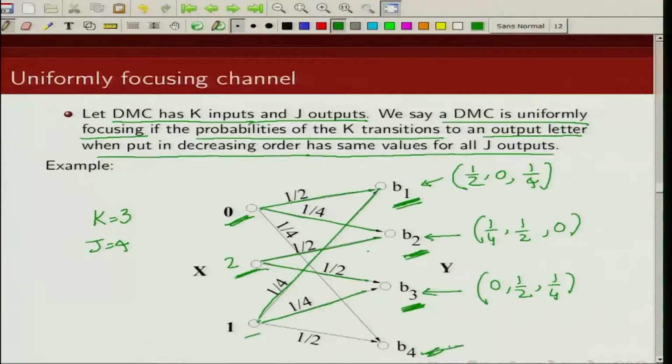And for this output, the transition probability from 0 is 1 by 4, from this input it is 0, and from this input it is half. So if I arrange all of them in descending order, whether I consider this output, this output, this output or this output, I will get the same.